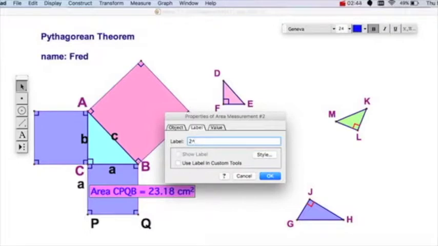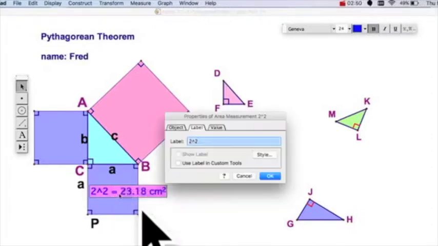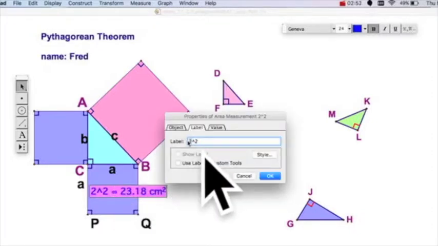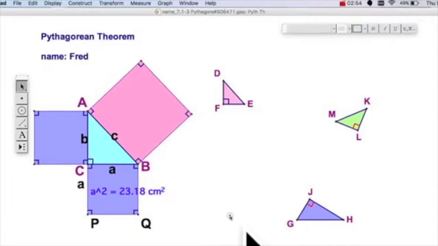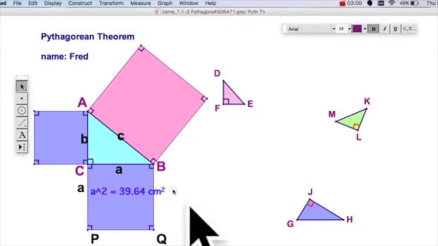A caret 2. Oh my gosh, I messed up. It doesn't even do that. How old is this program? If you're an old school mathematician, you'll know that A caret 2 means A squared. So that's the A squared.